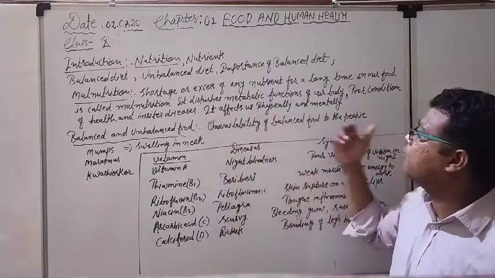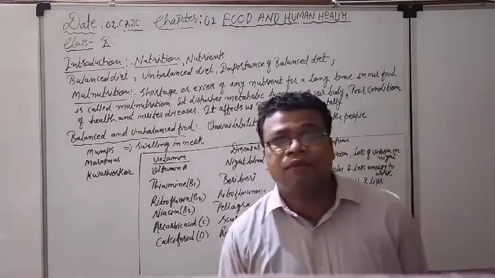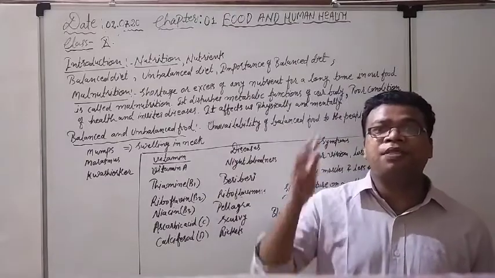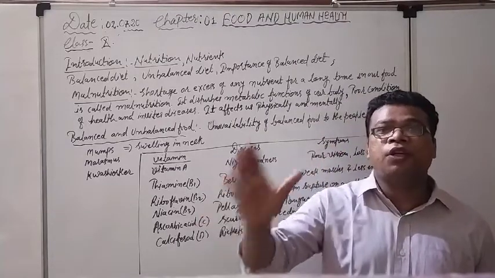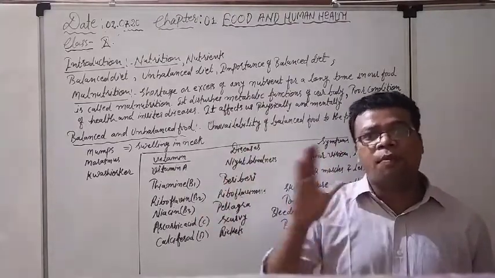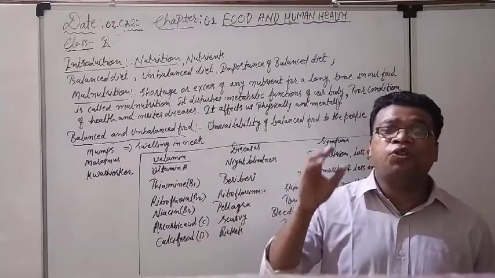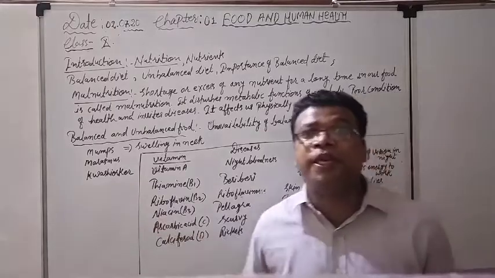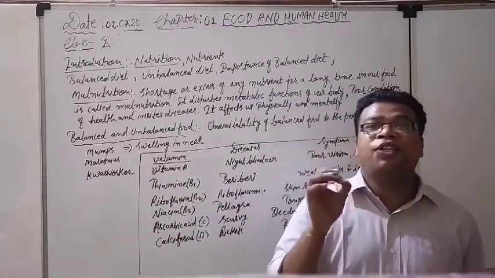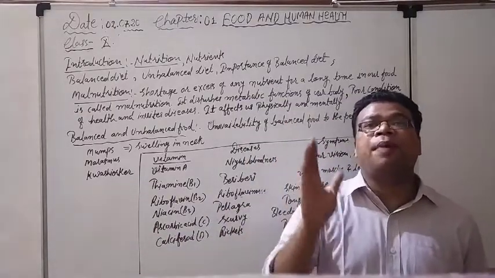It also affects us physically and mentally. Physically means body wise, and mentally means brain wise. Malnutrition affects us physically also, mentally also, and that's why the advice is that we should include all kinds of nutrients in our food. In short, we should take a balanced diet.